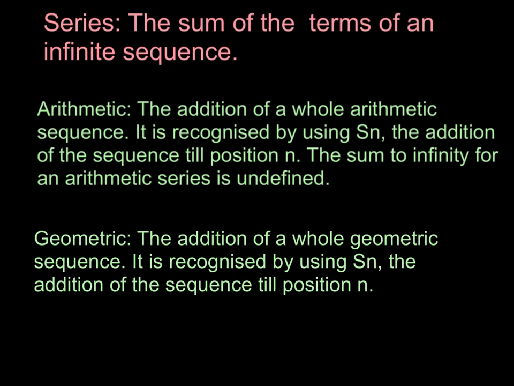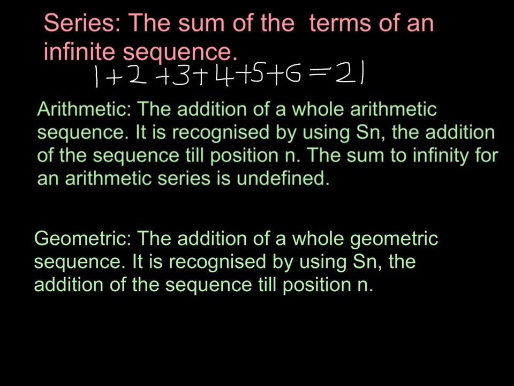Now we must continue with series, that are the sum of the terms of a sequence. So a series would be something like this: 1 plus 2 plus 3 plus 4 plus 5 plus 6, which will give us 21. An arithmetic series is the addition of a whole arithmetic sequence.